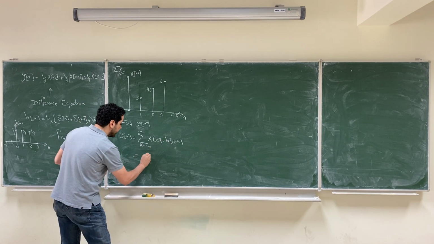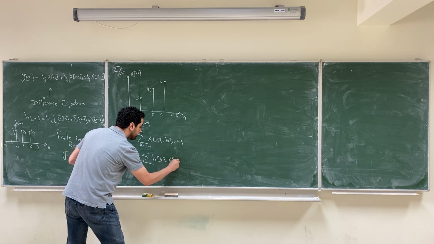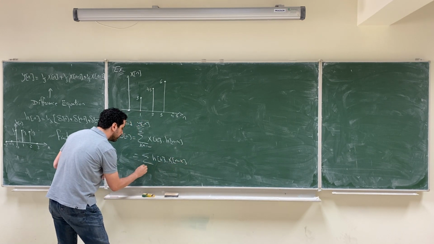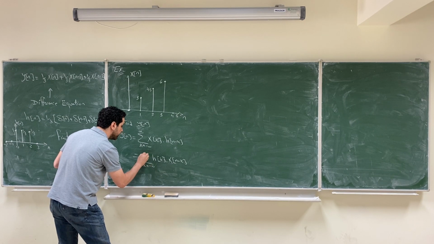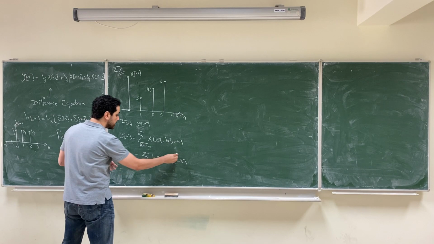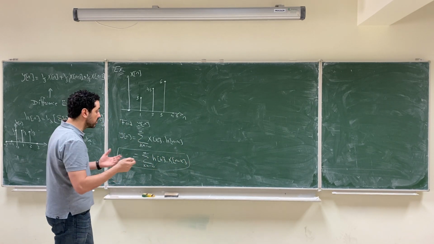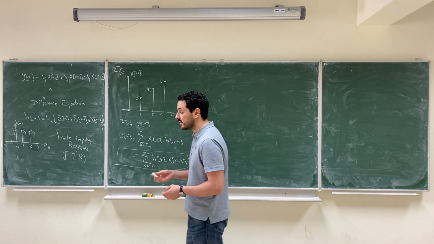Or you can write it as the summation of h of k x of n minus k for k equals minus infinity to infinity. When we solve this example, we are going to follow maybe this form. You can do the other one at home just to compare the answers. You should get exactly the same answer.